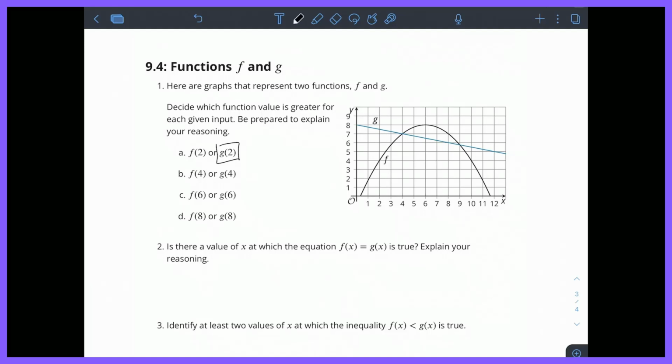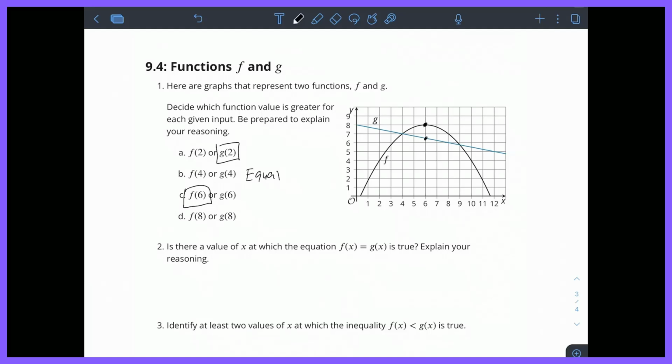Let's check 4. Here's 4. Here's f, and right on top of it is g. So in this instance, neither is actually greater. They're exactly equal to one another. So I'll just write that they're equal. Next one, f of 6 versus g of 6. Here's 6, here's g, here's f. This time, f is actually higher, right?